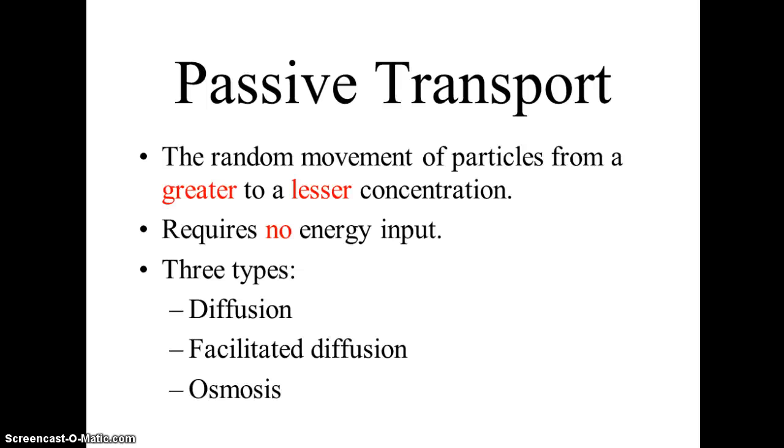In passive transport, you have random movement of particles, and they go from a greater concentration to a lesser concentration. So passive transport requires no extra energy input other than just the molecular motion of atoms and molecules. And there are three different types that we'll explore today: diffusion, facilitated diffusion, and osmosis.